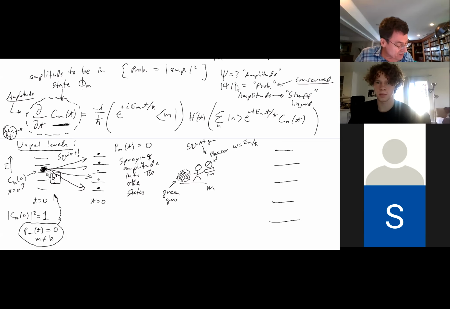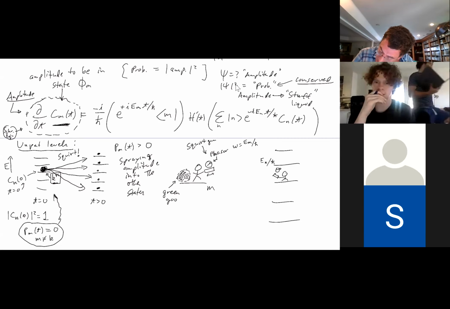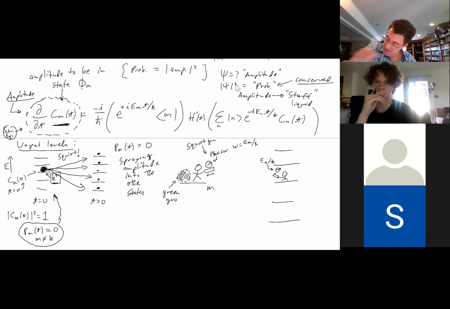Each of those levels also has a little man with a squirt gun, and those squirt guns also have phasers. Each of these phasers has a frequency En over h-bar, and that phaser is spinning.